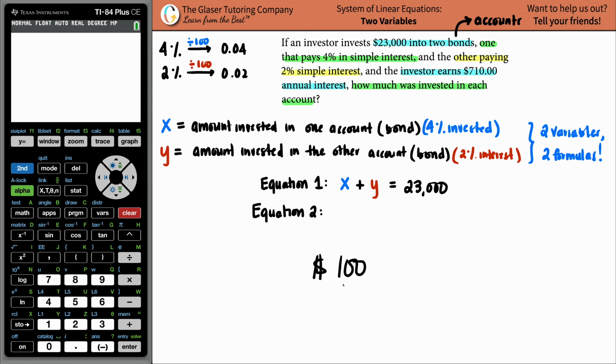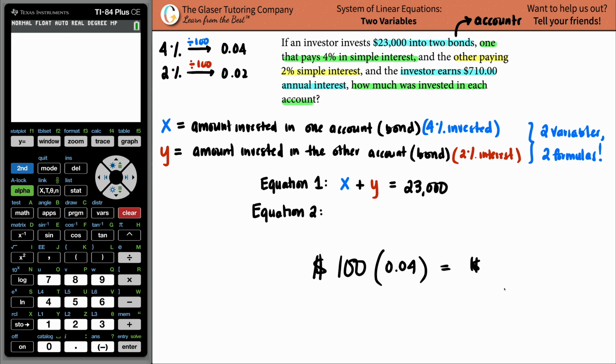So if I take my $100 and I times it by that decimal percentage, 0.04, I'm going to get $4. 100 times 0.04 is $4, which means that you invested 100 and you just made $4 because you just put the money in the account. You didn't have to do anything to make this money. Well, you did have to do something. You had to put it in the account. But other than that, you made an additional $4. So now your total is $104.